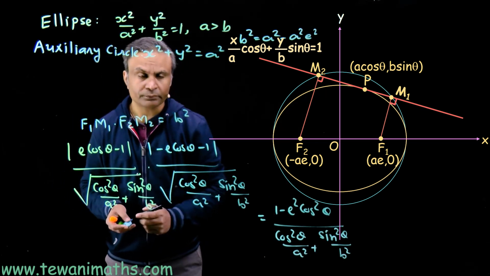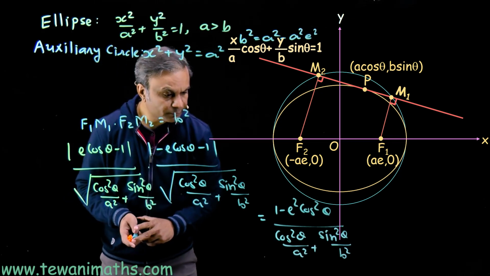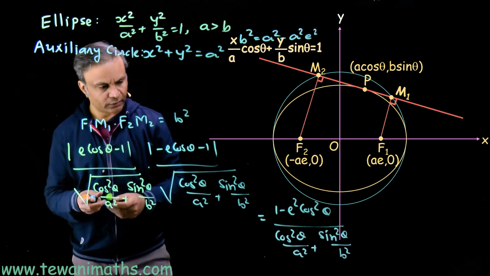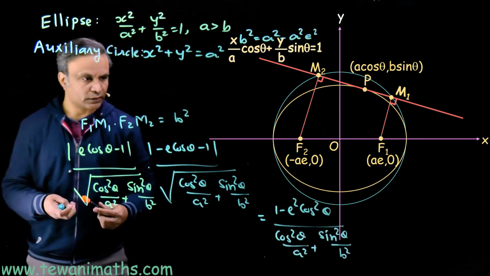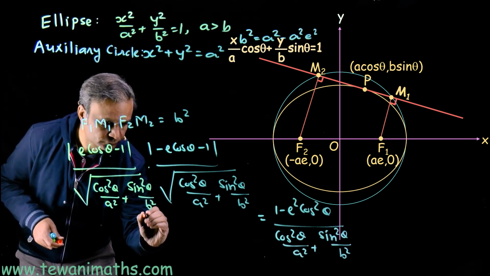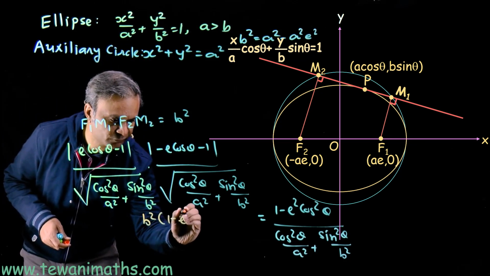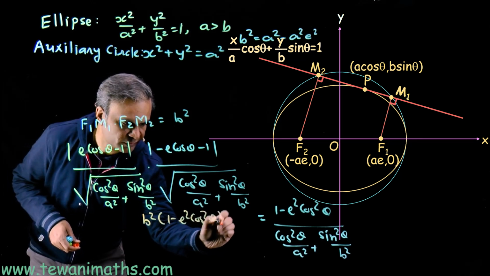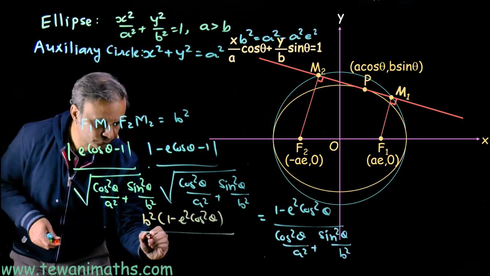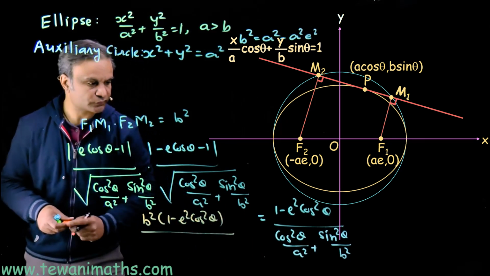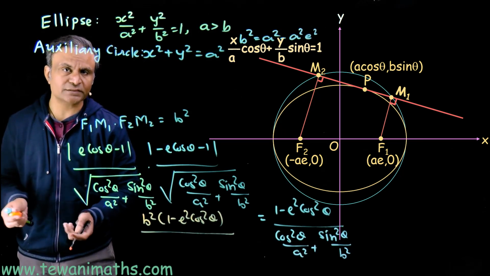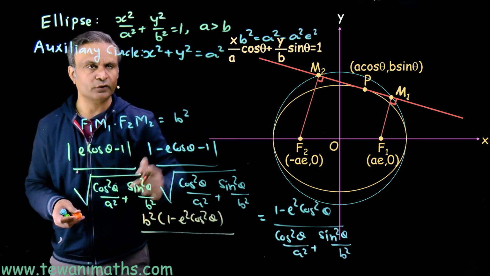This is equal to b square. So what we do? We multiply numerator and denominator by b square. We get b square multiplied by 1 minus e square cos square theta upon b square upon a square. What is b square upon a square? It is 1 minus e square from here.